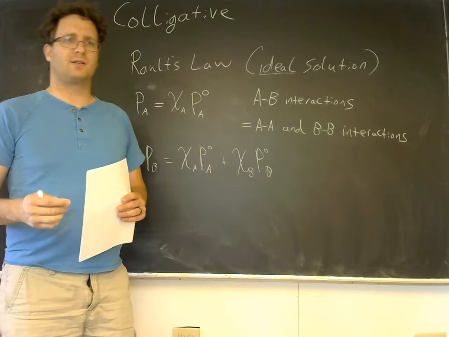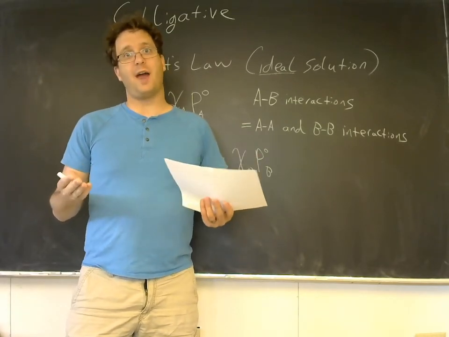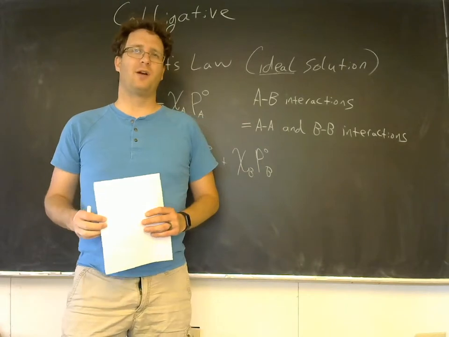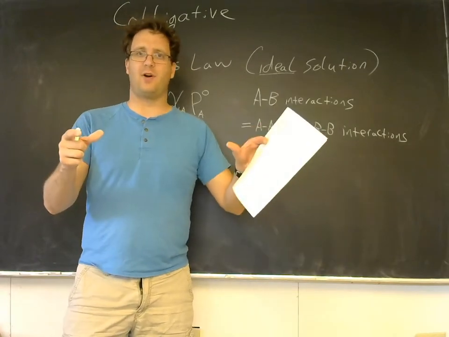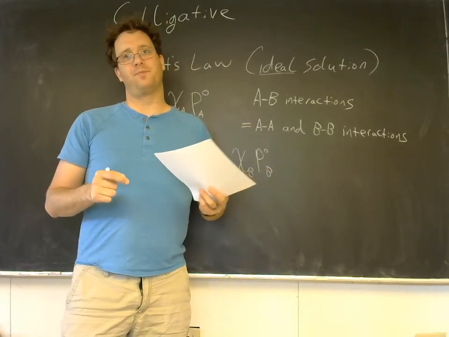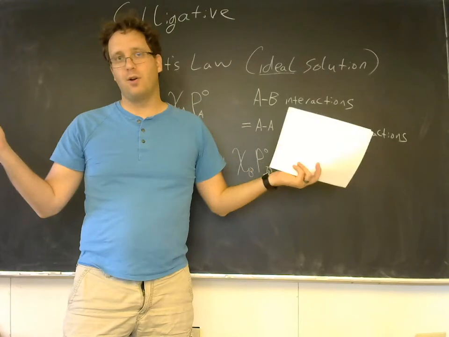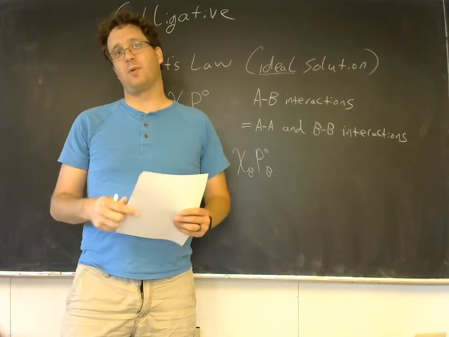Say, let's consider water and ethanol. Now, ethanol has a higher vapor pressure than water. That means if you leave a glass of water and a glass of ethanol out, the ethanol will evaporate more rapidly. There will be more ethanol in the air than there is water. Ethanol has a higher vapor pressure.